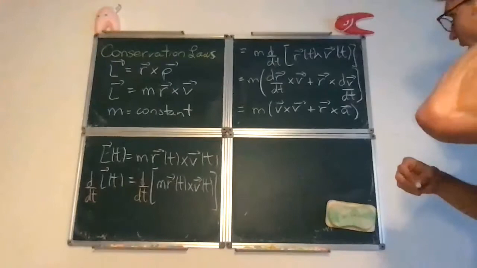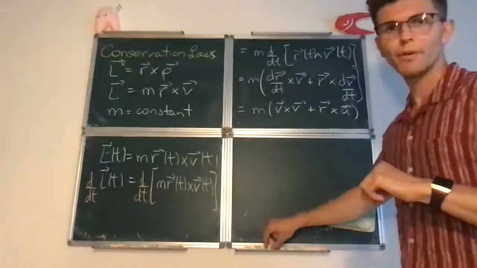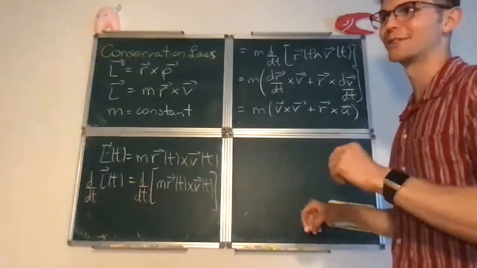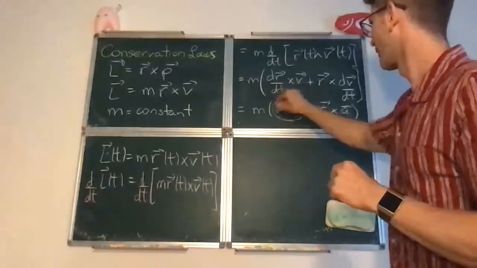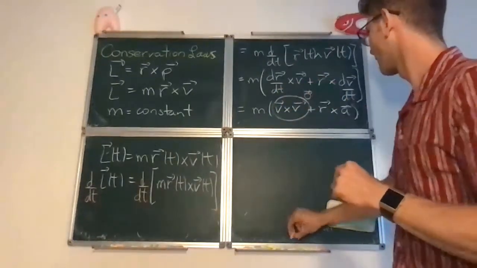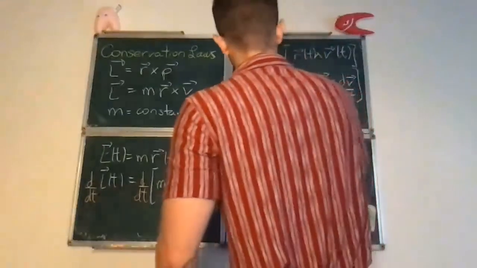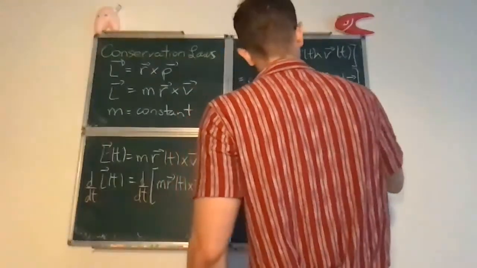Okay? And so remember the cross product of a vector with itself is a zero vector, so you can ignore this term, and so you just get m r cross a.